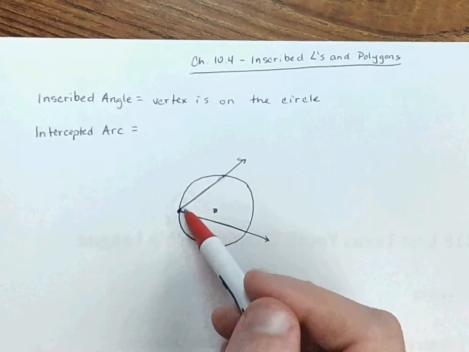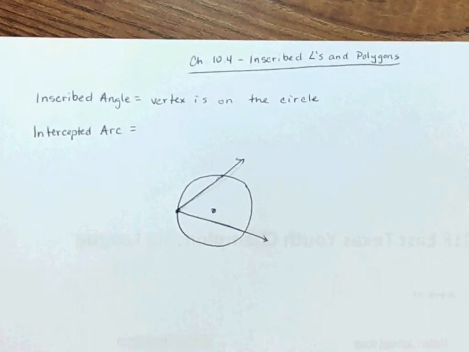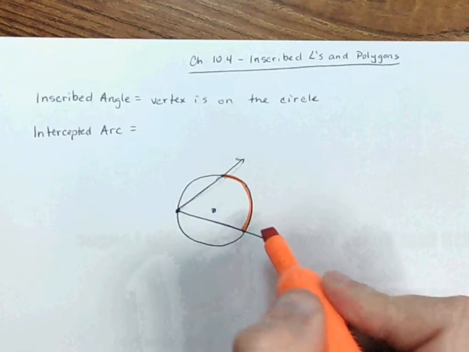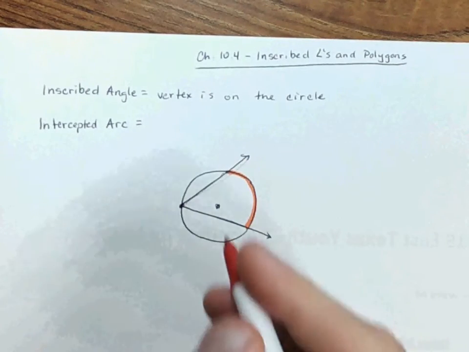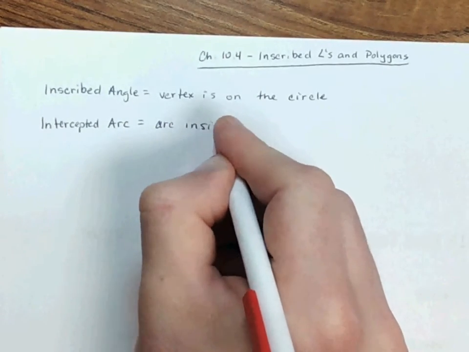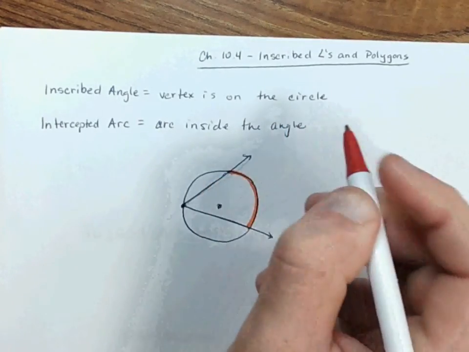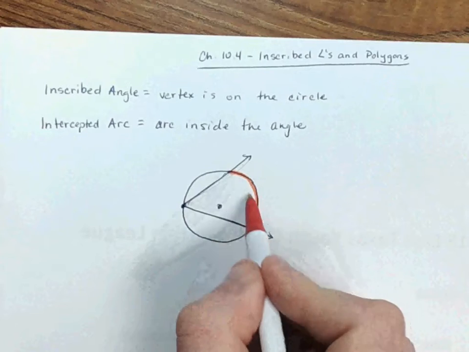As you can see, in this angle, we have an arc in the interior of it, right there. That is called our intercepted arc. So it's the arc inside the angle. So this is our inscribed angle, and this would be our intercepted arc.